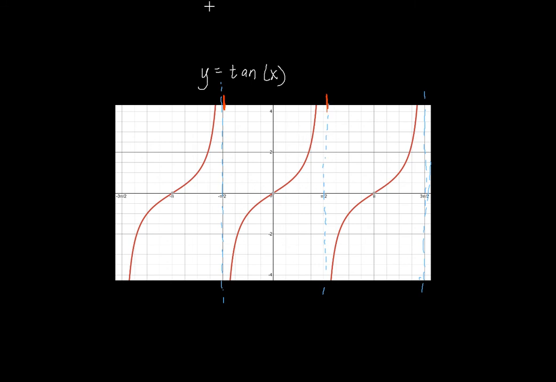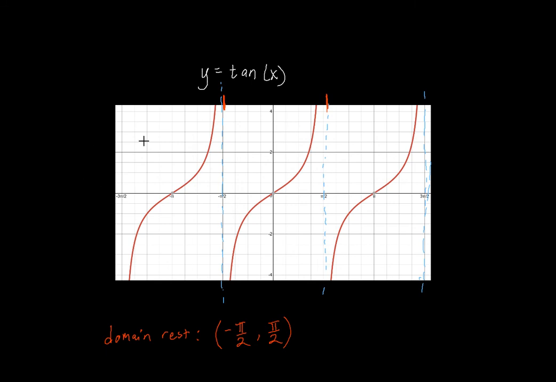So while this might look exactly like the domain restriction for sine, there's a little difference. Negative pi over 2 and positive pi over 2 are not included, so the domain restriction for tangent is actually with parentheses instead of brackets. Remember, brackets are what's included. So from negative pi over 2 to positive pi over 2, here's our domain restriction for tangent.